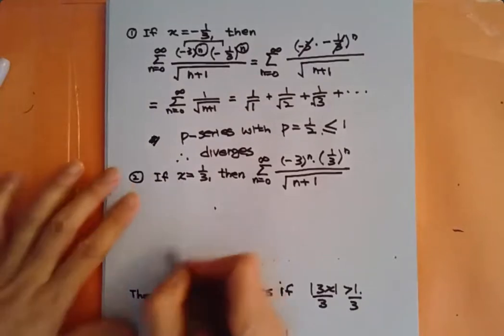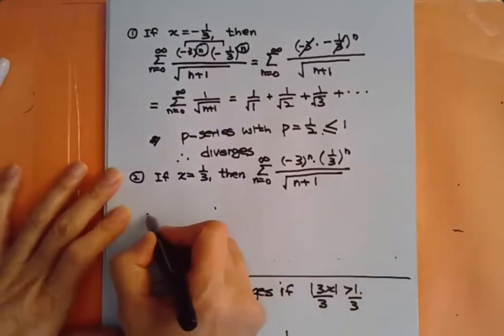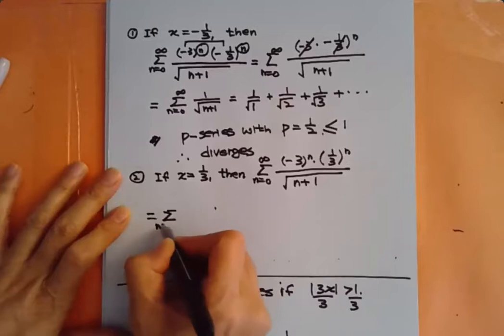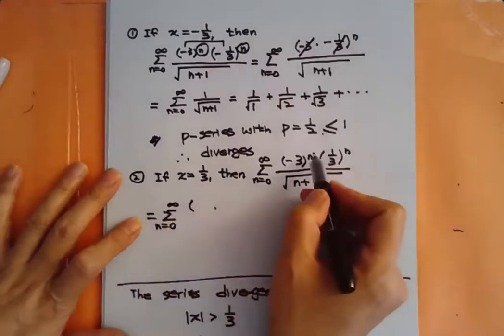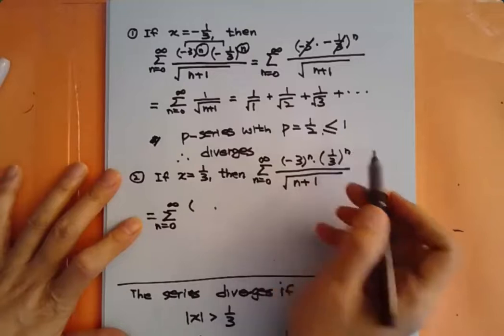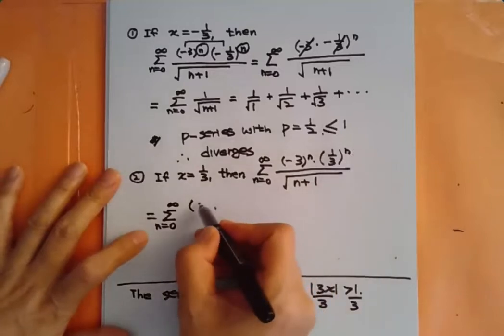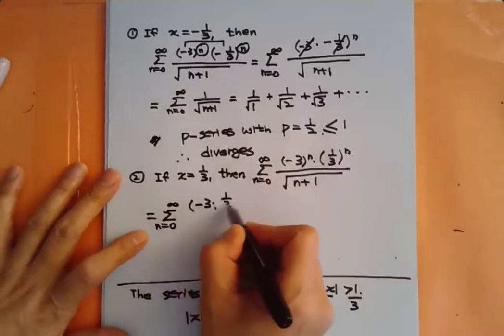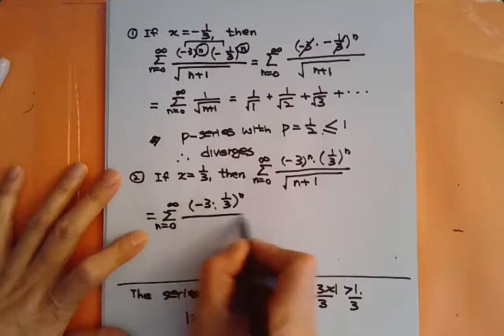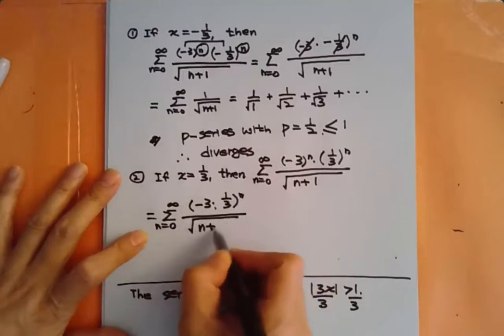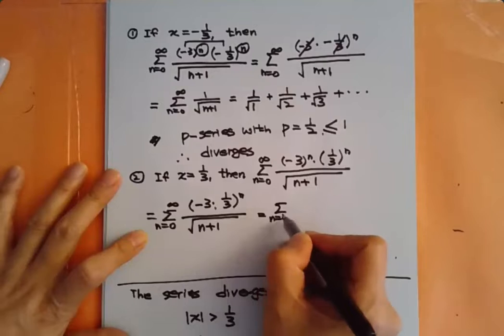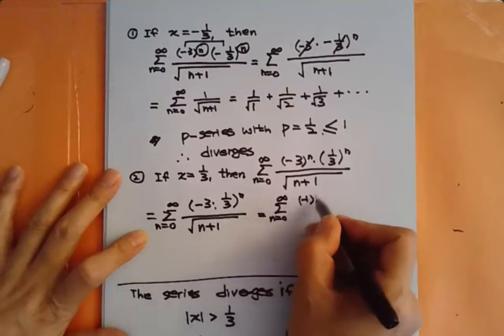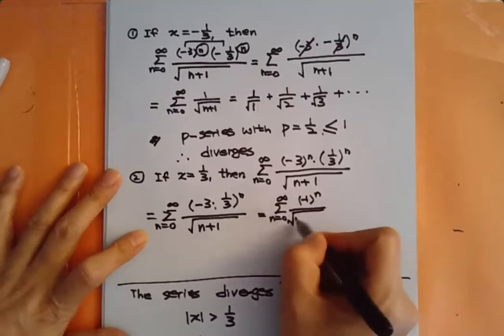So we do the same thing. We combine those together because the powers are the same. So negative 3 times 1/3 to the n power over square root of n plus 1. So that is the summation n equals 0 to infinity of negative 1 to the n power over square root of n plus 1.